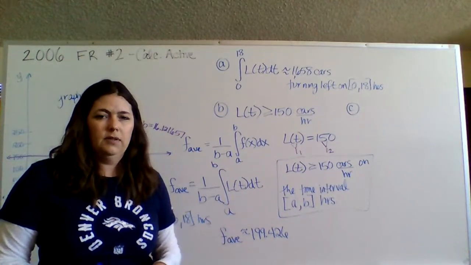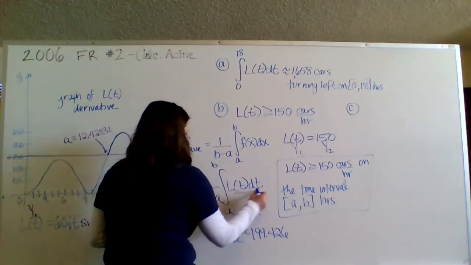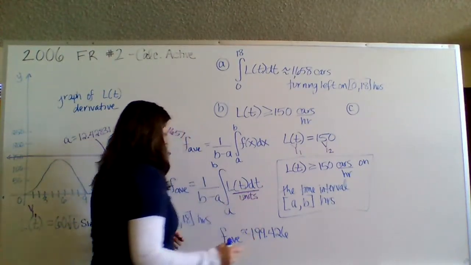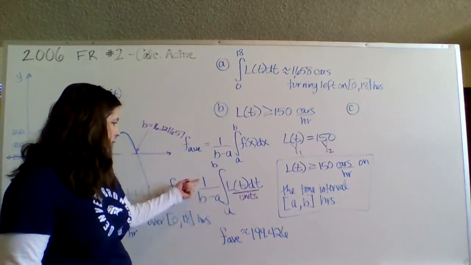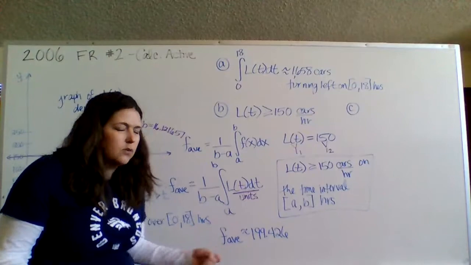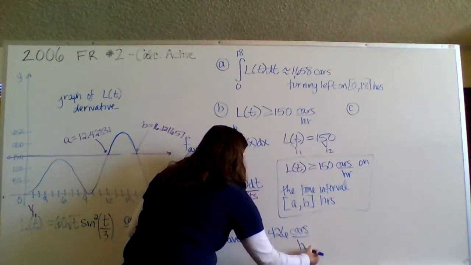One of those things on the list should be, for f avg, the units match the units of this. When I integrate cars per hour, I would get back to cars, but then I'm multiplying by 1 over the time, so I'm right back to cars per hour, because those hours are in the denominator. And since they asked for units of measure, you have to say that.